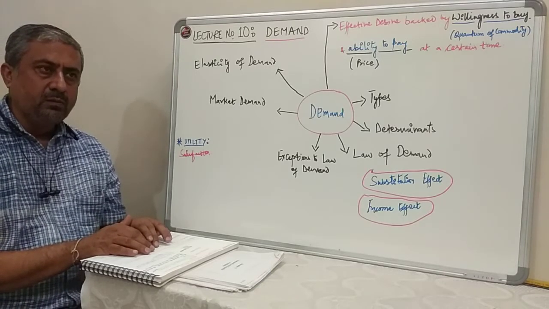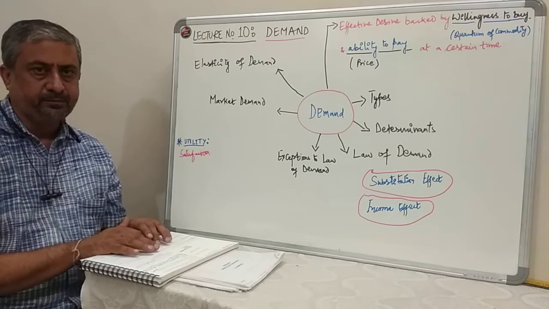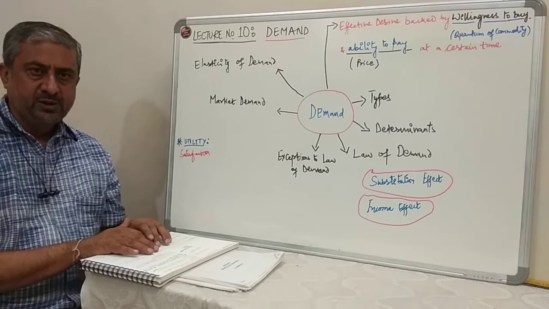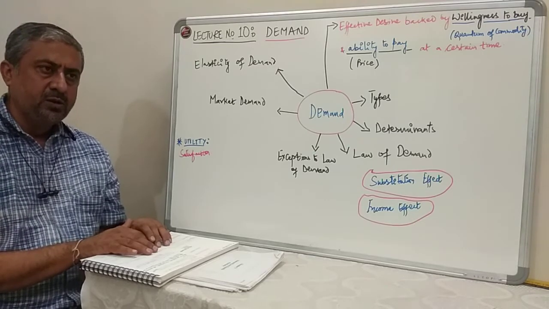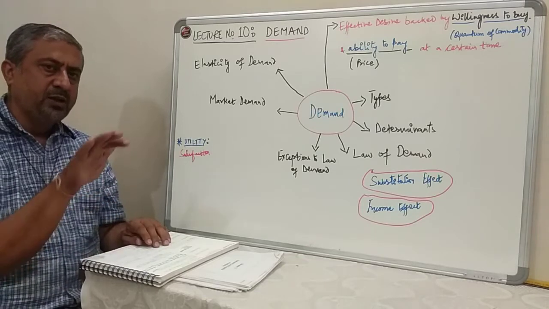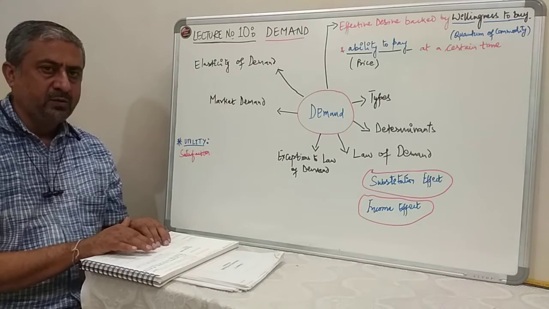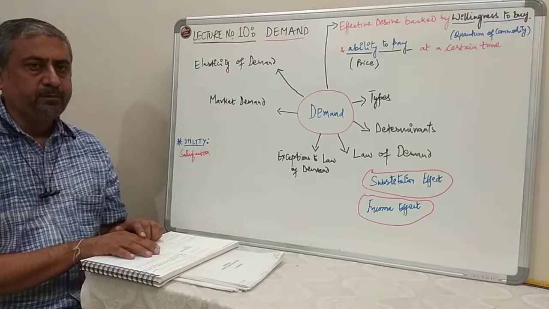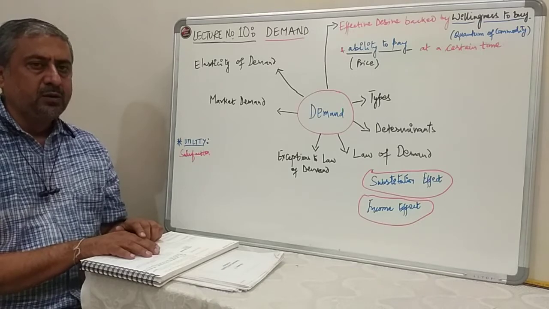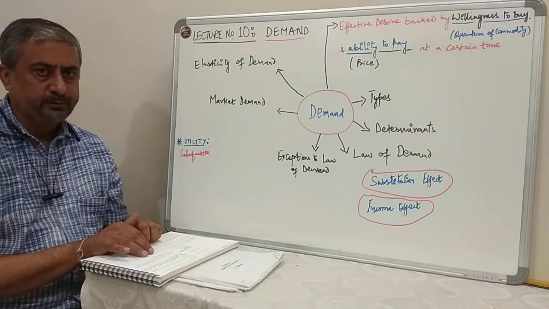So, even though the price has not changed, what will people do? Since it appears that the price of substitute products has gone up as compared to the original product, Surf Excel, people will buy more of Surf Excel.